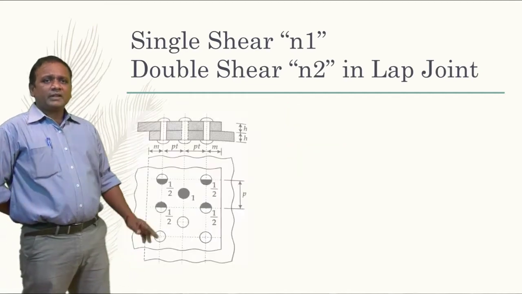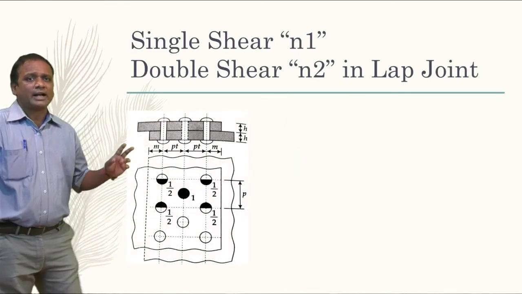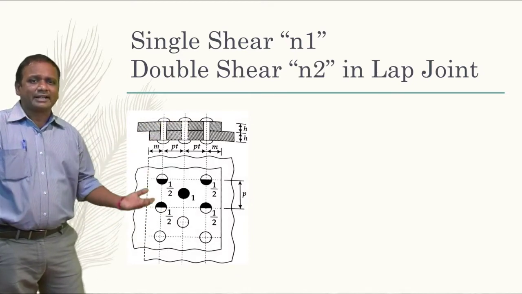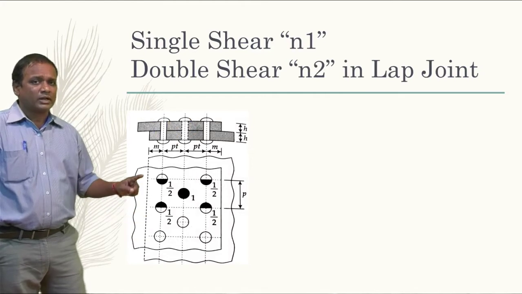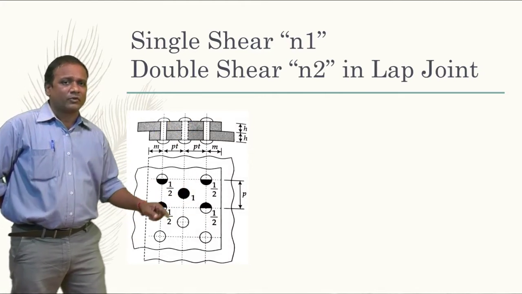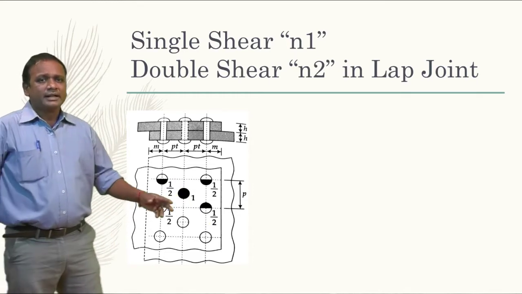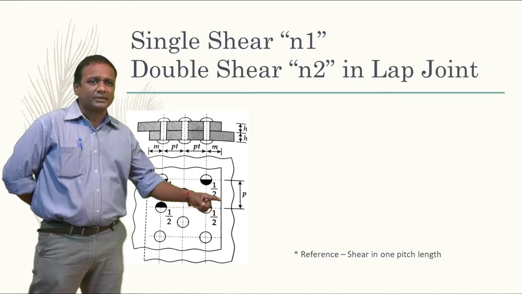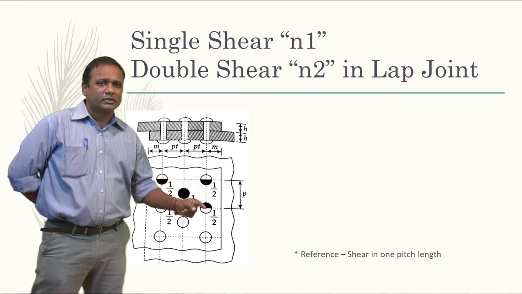If I come to this sort of joint, where I have three rivets in a row, and this is a zigzag arrangement, not a chain arrangement, as you can see, the rivets are arranged in a zigzag formation. In one pitch length, again I reference shear to be shear in one pitch length. So from here to here is one pitch.